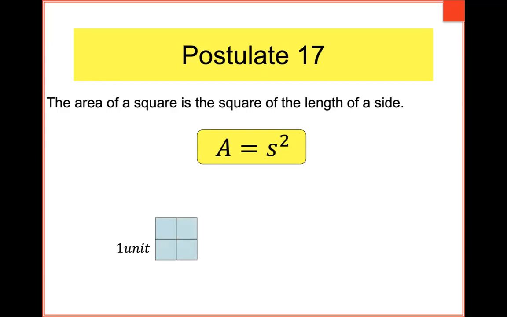So now I have a square made up of 4 squares, all having a dimension of 1 unit as their side measurement. If you think about it, this square has a side length of 2, and 2 times 2 is 4, and that's not surprising because there are 4 squares there. If we extend this idea further, now I have a square with all sides of length 4, and there are 16 squares there, 16 squares of unit 1.